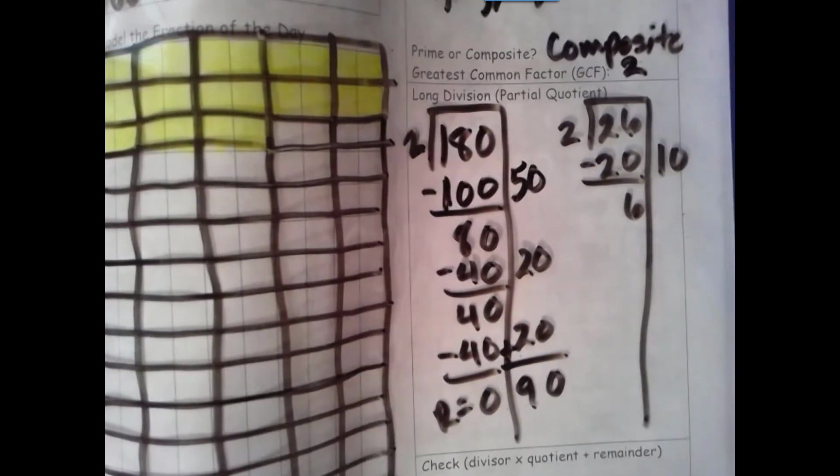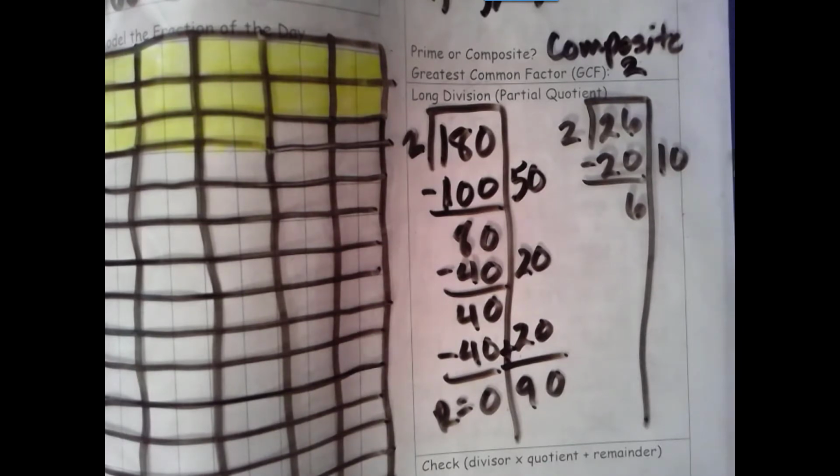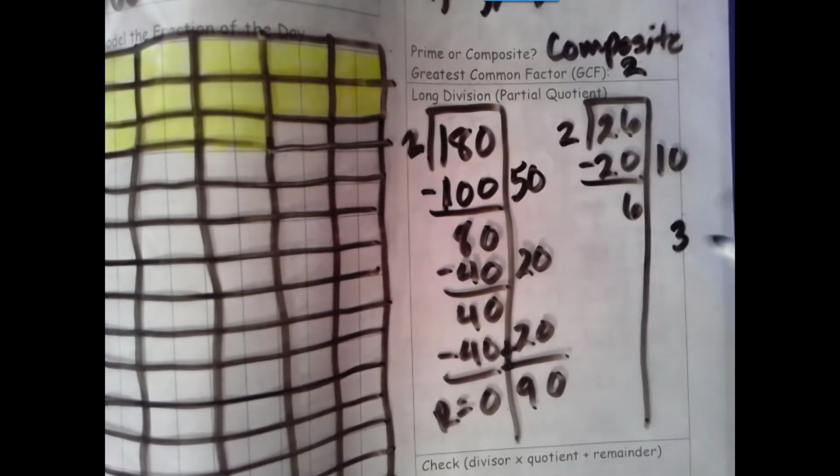This should be completely independent of any other work. This should be, what multiples do you know to help you out? So I don't know that you would know 2 times 13 is 26 without a multiplication chart. So make sure you're using multiples you do know.